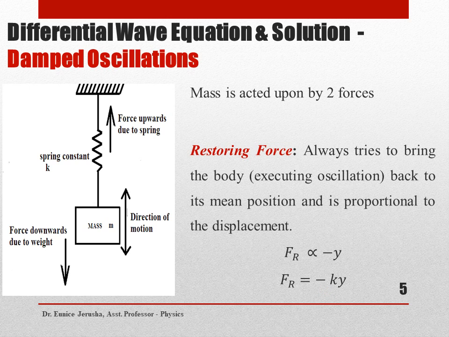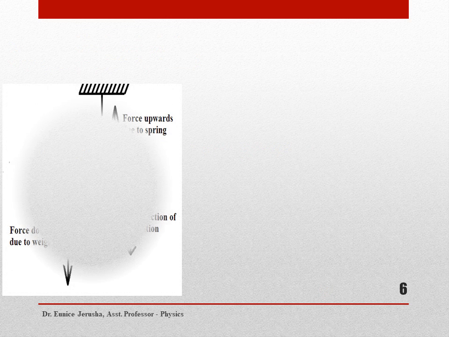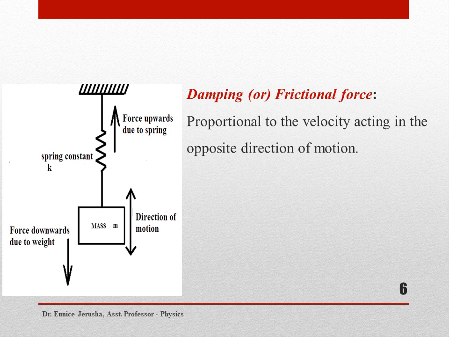The second force acting on the body is the damping force or the frictional force. It is proportional to the velocity, acting in the opposite direction of motion. Therefore, Fd, the damping or frictional force, is proportional to dy by dt, the negative sign indicating that this force is acting in the opposite direction.